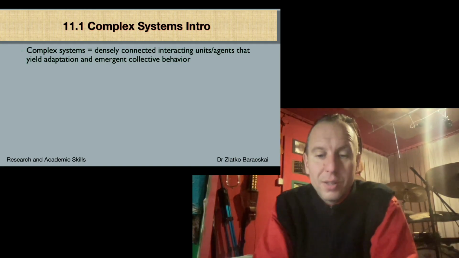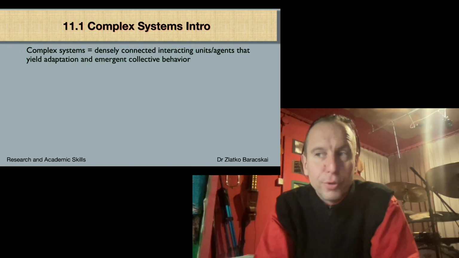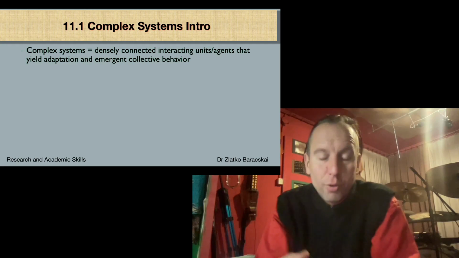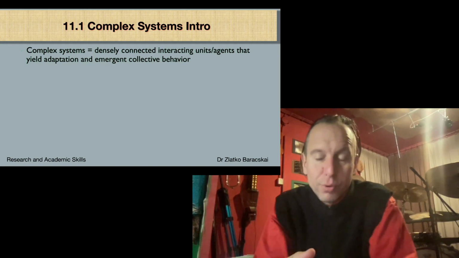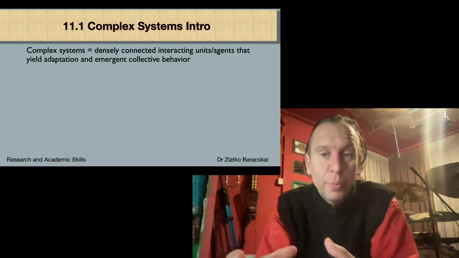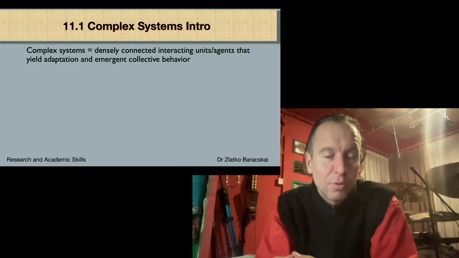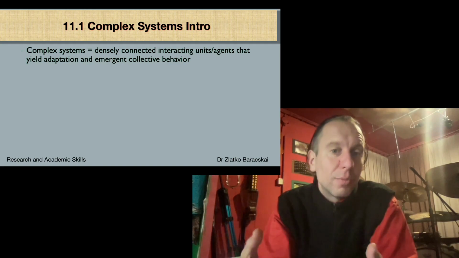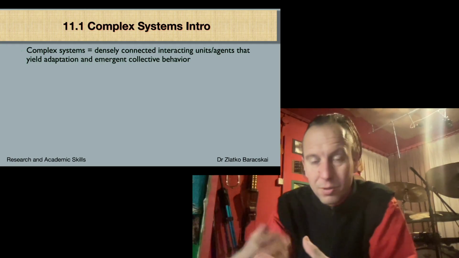So this is a phenomenon whereby the interaction of units produces forms, regularities, behaviors that we cannot attribute to separate units. Okay, so it is the situation whereby the densely interconnected group becomes more than just an addition of elements.